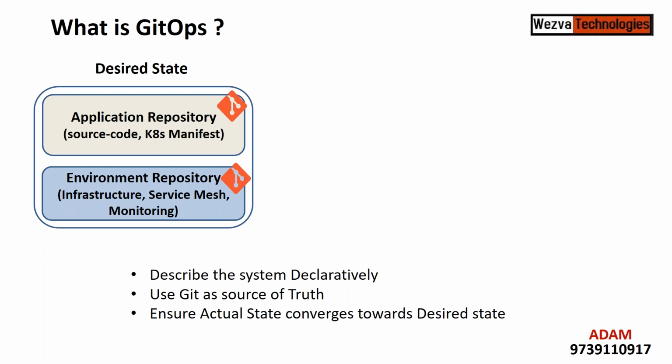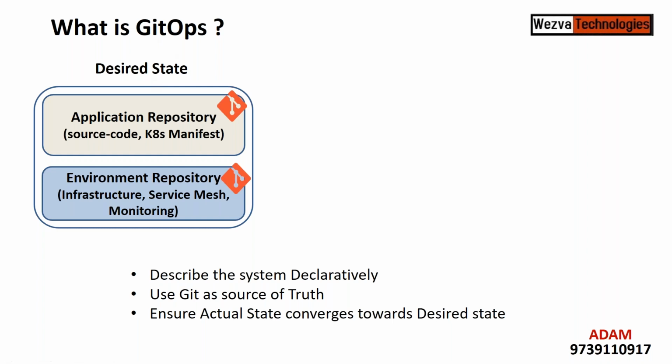So if I say I want 2 pods with a particular image and a particular port exposed, a particular service available, and a config map, then I define all of them as the respective manifests in the application repository. And if I have anything related to the environment, I put it here. This way you define your desired state.